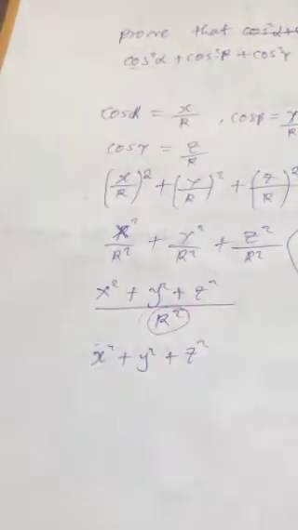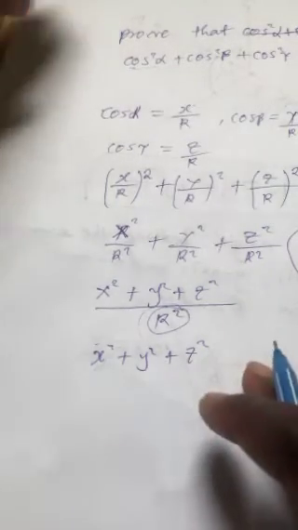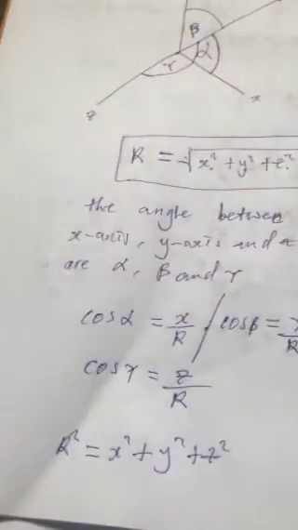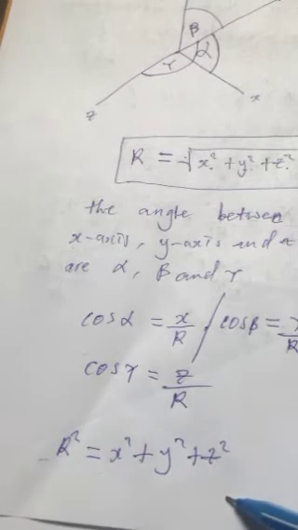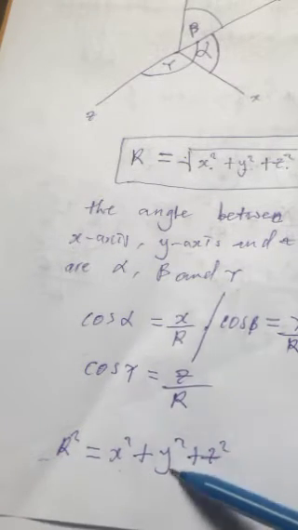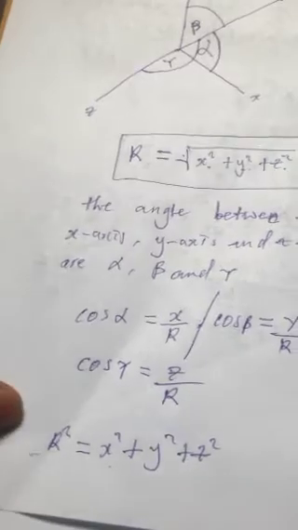Where there is this, I'll put that formula that we are using to find the magnitude of the resultant. In this case, I'm talking about this formula to say r² is equal to x² plus y² plus z². All right.